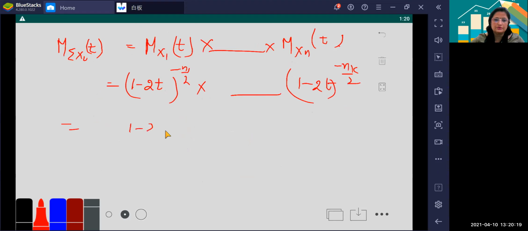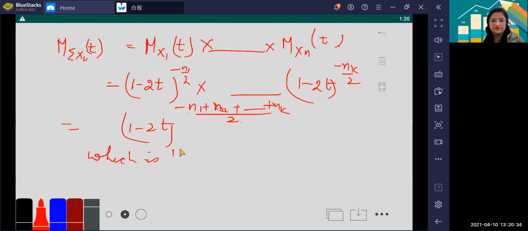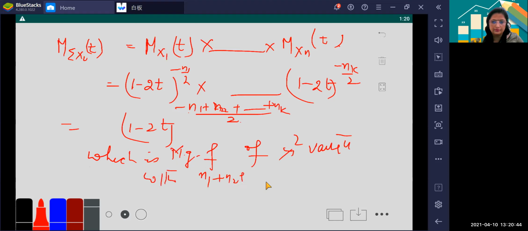So 1 minus 2t is the base, you will add the powers, n1 plus n2 and so on up to nk, divided by 2, right? So this is the mgf of chi-square variate with how many degrees of freedom? n1 plus n2 and so on up to nk degrees of freedom.